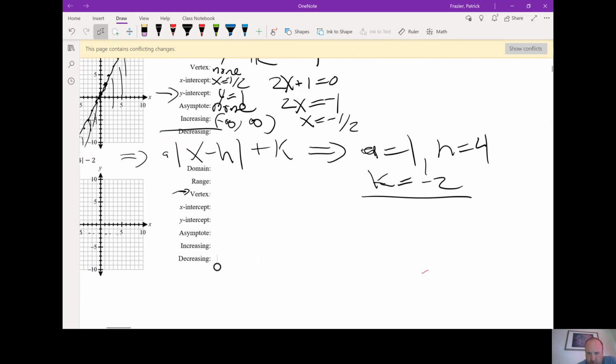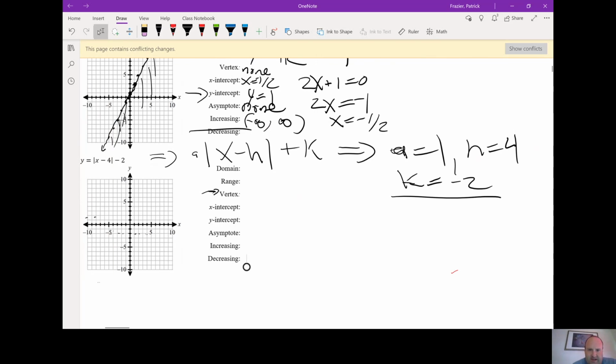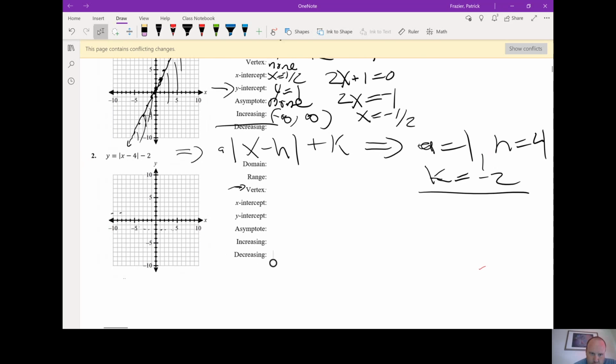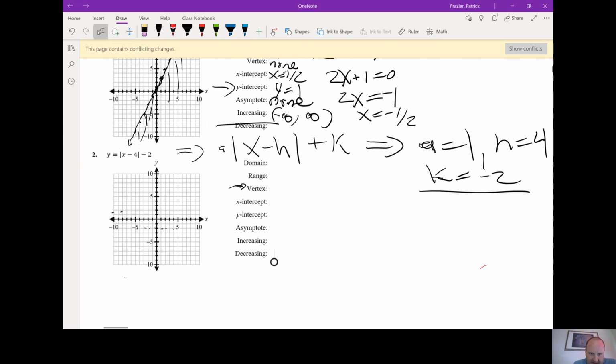So you would solve for what x equals is the point, and so you do the opposite. So instead of negative 4, it's positive 4. So we move to the right 4 spaces. So we're going to start where x equals 4, y equals negative 2.